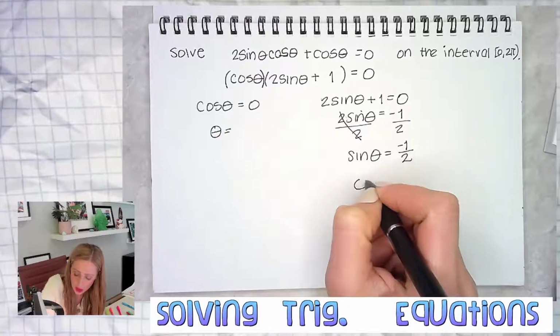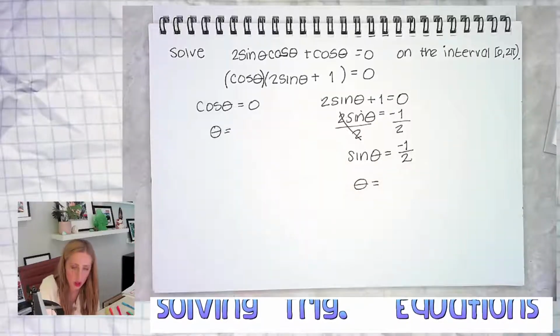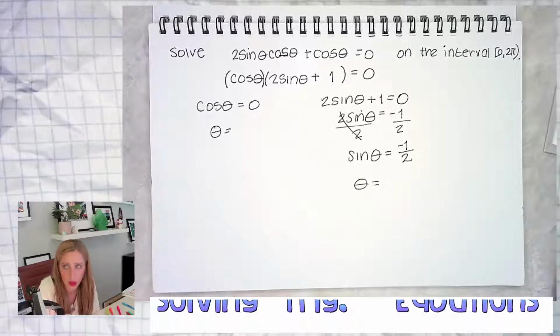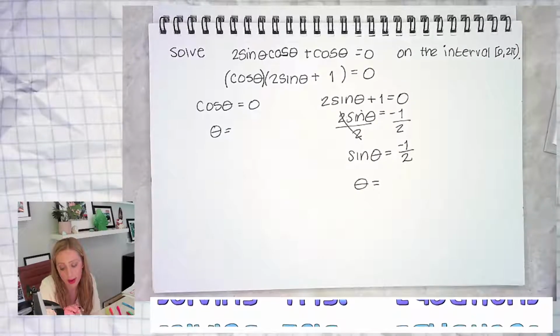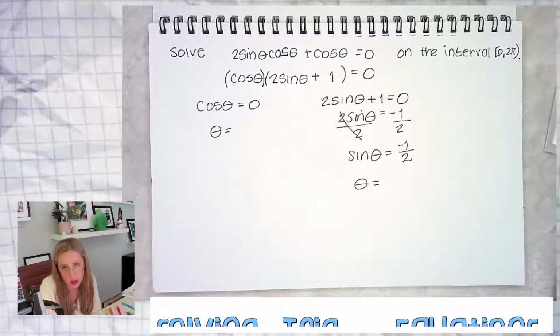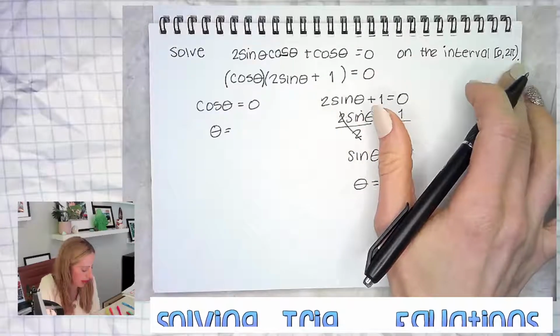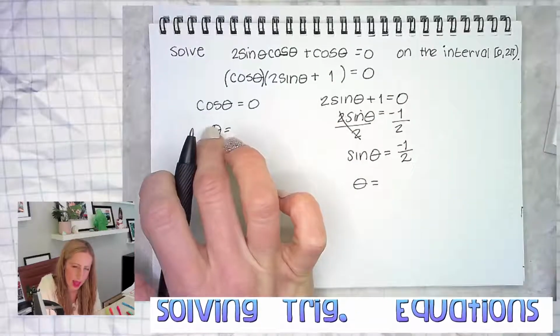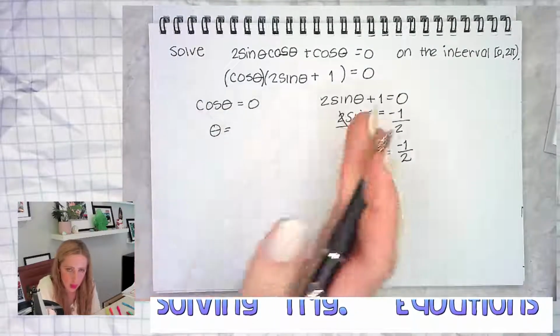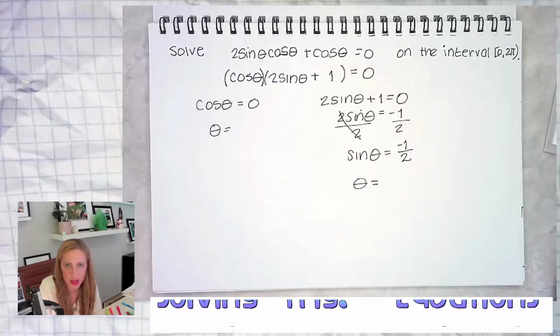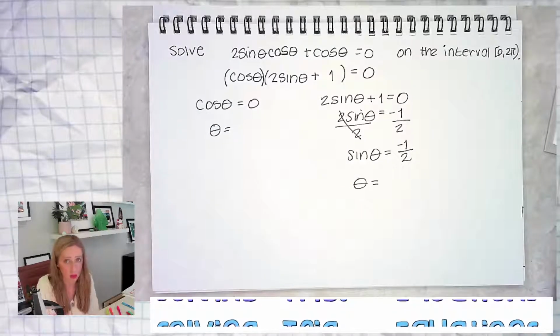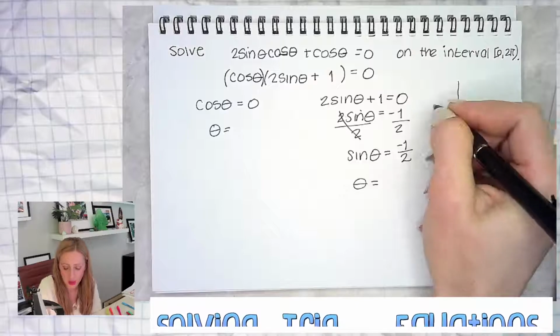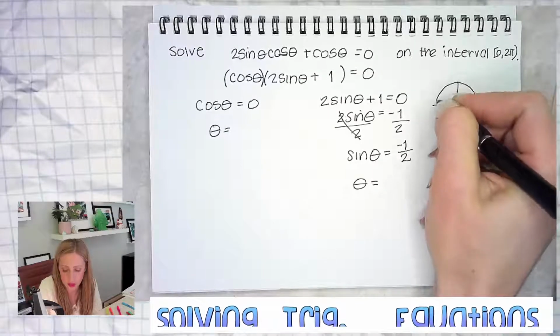Now we ask ourselves some really good questions. Cosine θ = 0. For what angle or angles between 0 and 2π does cosine of θ equal 0? Where is the x value 0? X moves you left and right. That means you didn't move left or right, but you have to somewhere touch the circumference of that unit circle.